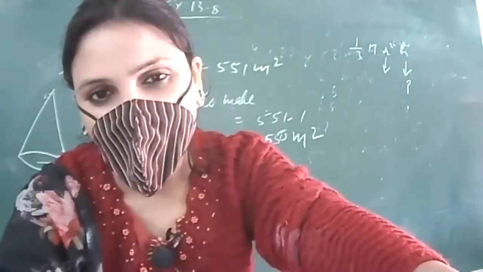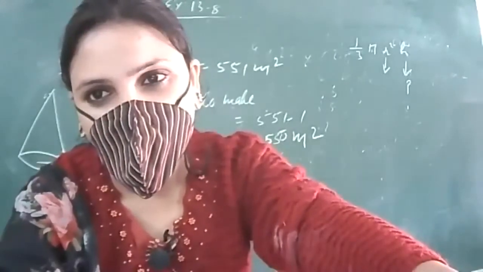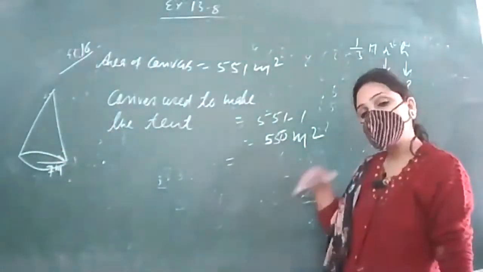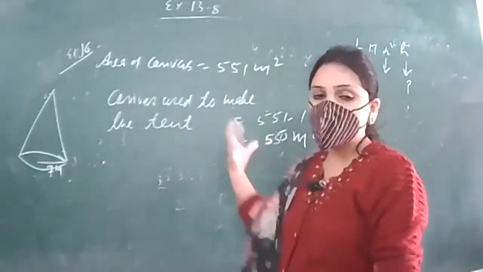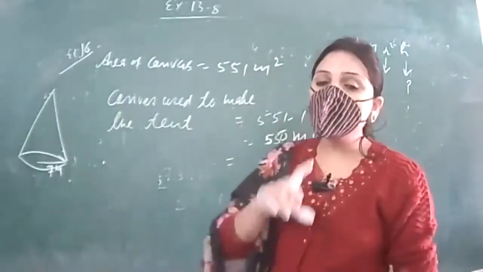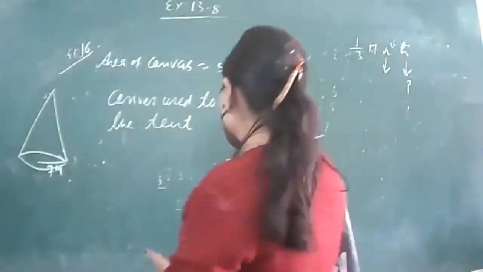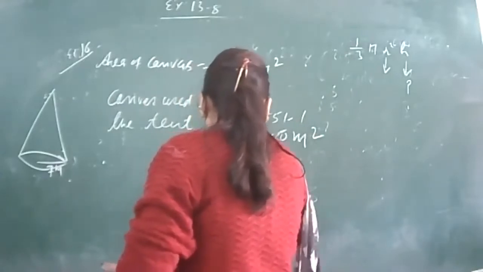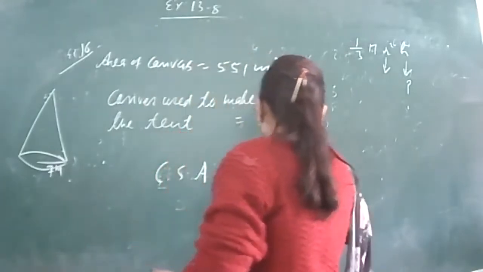Bhavnesh? Curved surface area. Definitely it will be the curved surface area, because if it is converted into the form of a cone, then this will be regarded as curved surface area. That means we have the curved surface area as 550 meters square.